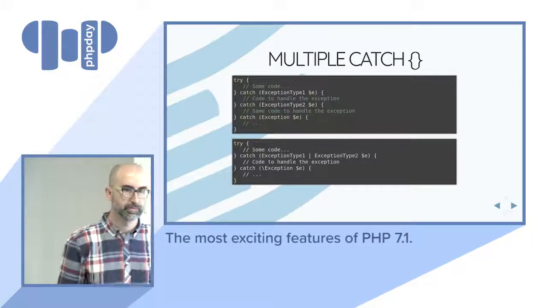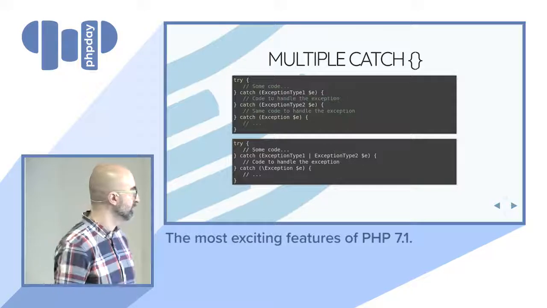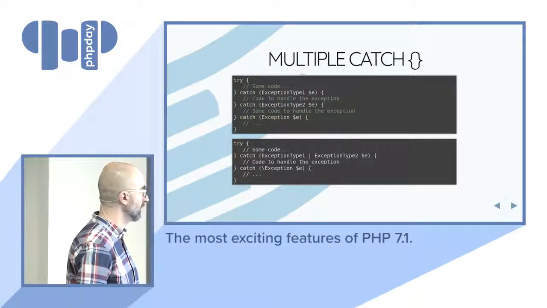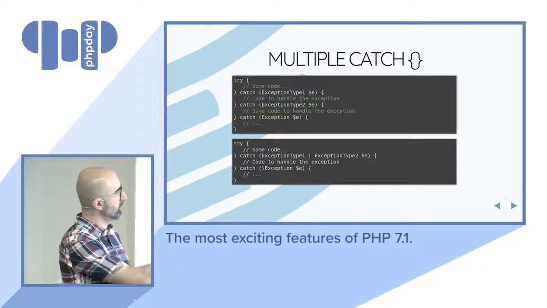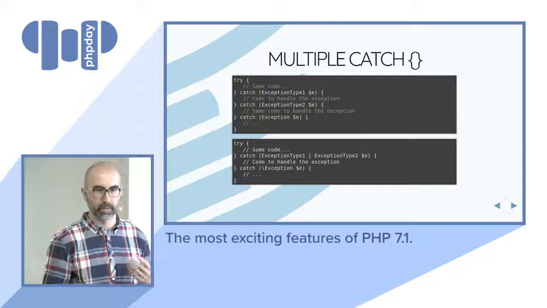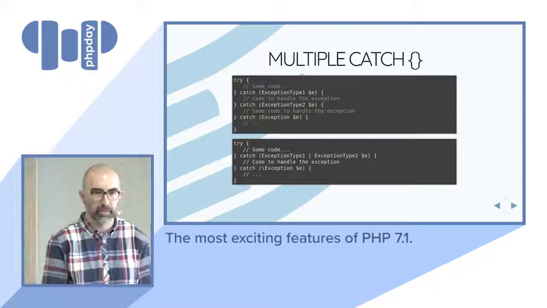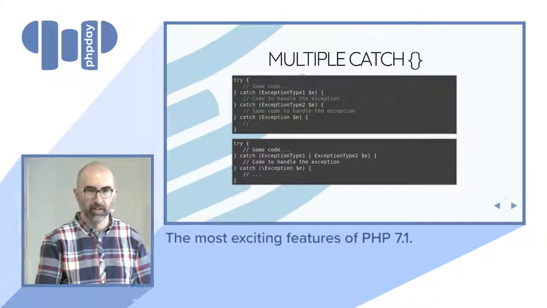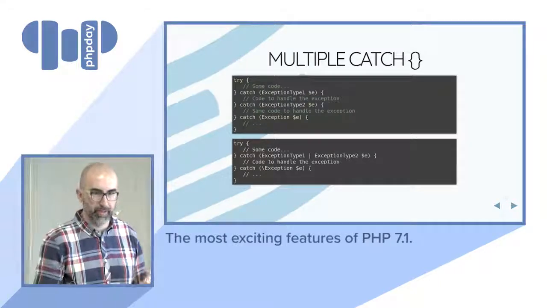Question? This is, of course, up to you. If the code here is the same, you expect that in some way the exception type matters, but usually the exception gets the message and the code, so you don't have to go inside the exception.